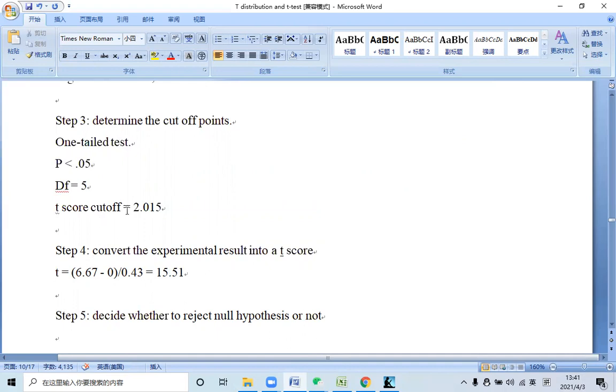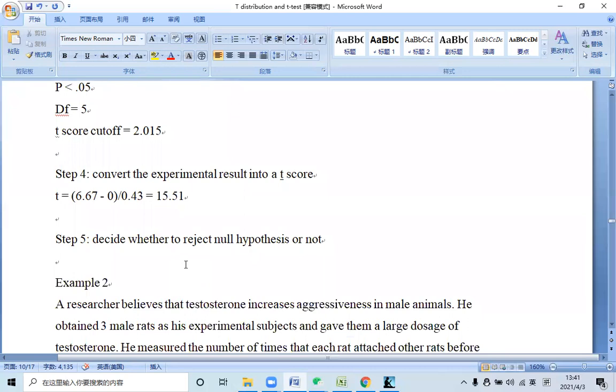Is that more extreme than the cutoff? It is by far more extreme than the cutoff. So, what's your decision? We decide to reject the null hypothesis.